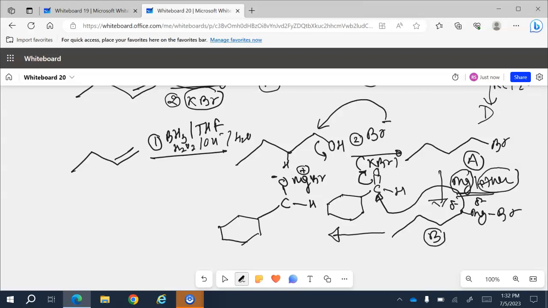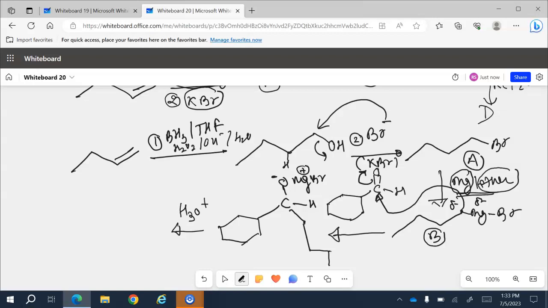So 1, 2, 3, 4 carbon. So you have 1, 2, 3, 4. 1, 2, 3, 4. So this is the group that will be attached on this carbon center. Now ultimately there is the H3O plus, and the function of this H3O plus is to work up.